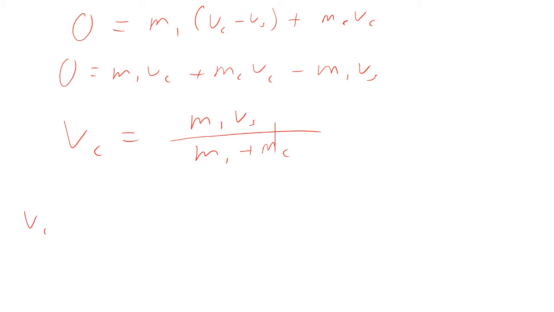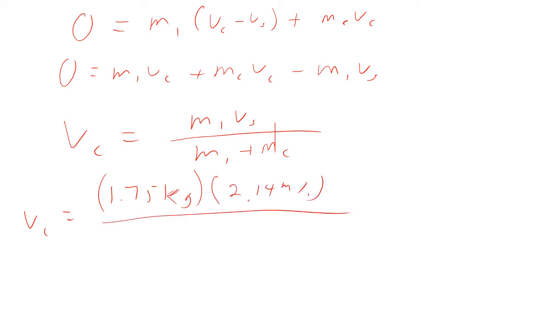So we plug in the numbers. The mass of the cart, 1.75 kilograms, times the separation velocity, 2.14 meters per second, divided by 1.75 kilograms plus mass of the cat, 3.5 kilograms.